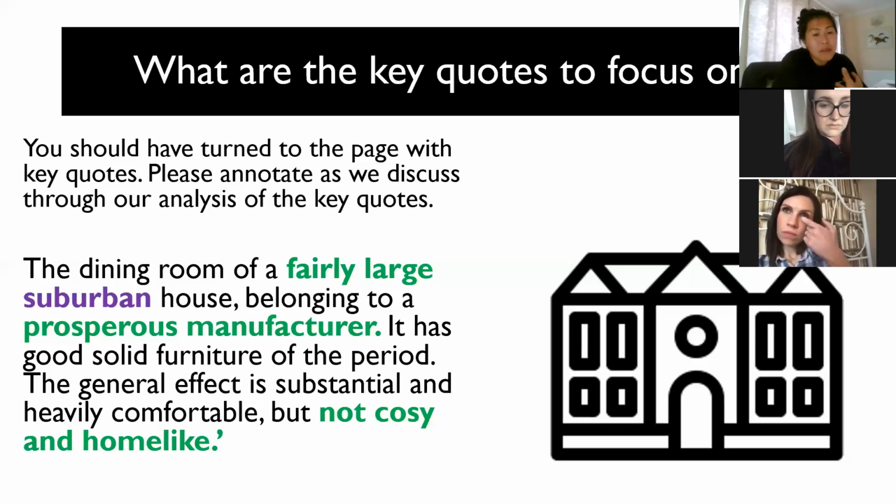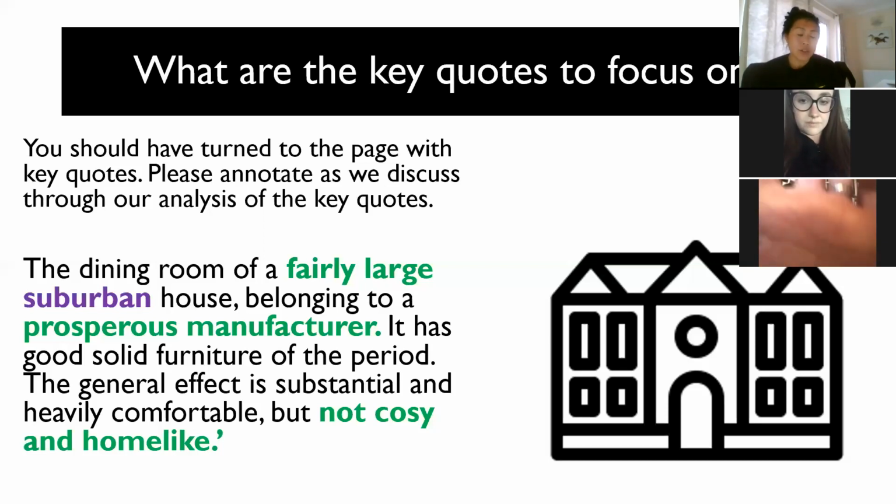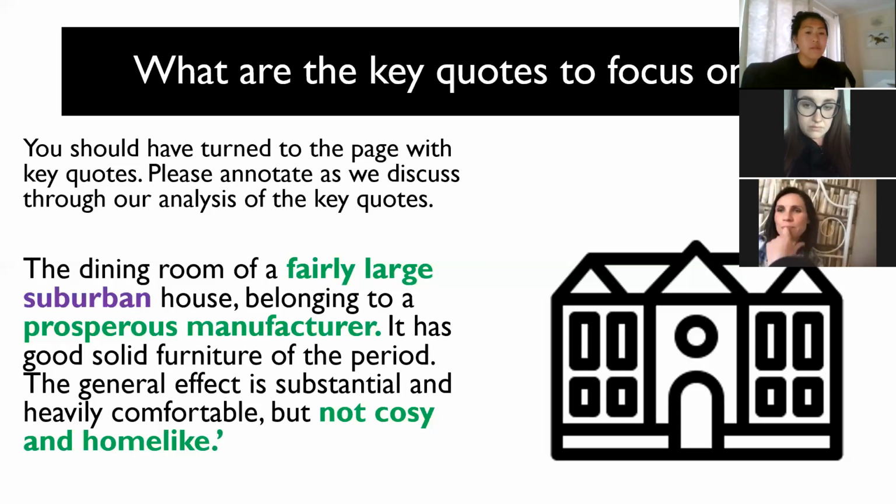And why is it not cozy and home-like? This is something you associate with someone's house, that it's meant to exude warmth. But it's not cozy, and this could show you something about this family, that maybe they're not particularly close to each other.